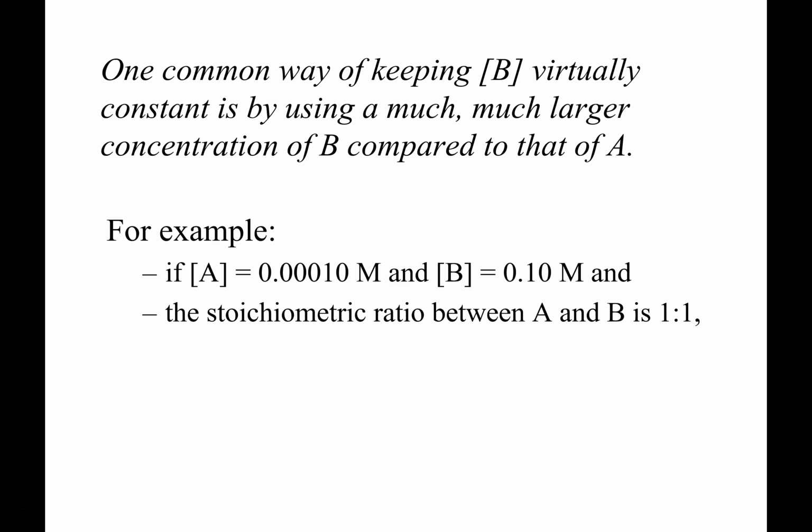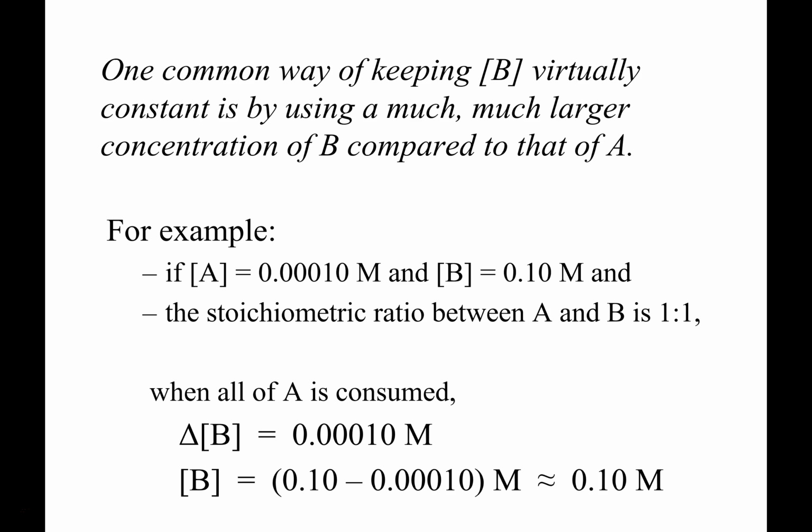So the example we're going to do is, what if A, and we do care about the changing molar concentration of the reactant A, it's going to decrease from 0.001 molar, pretty low. What if we go ahead and make B pretty high in its initial molar concentration?